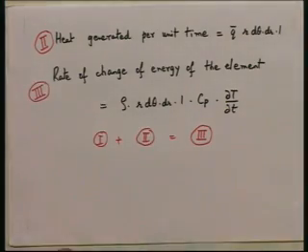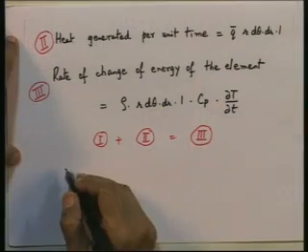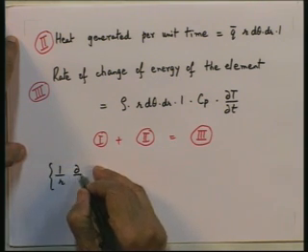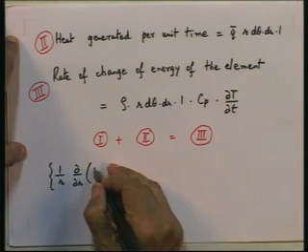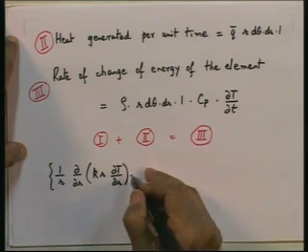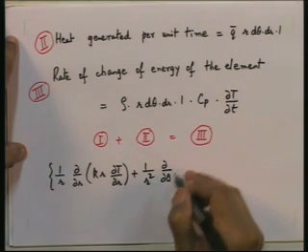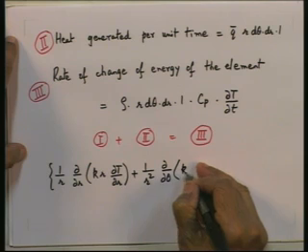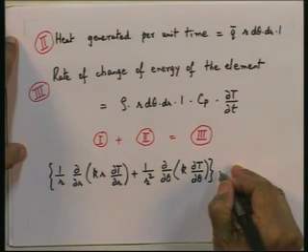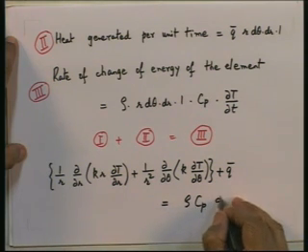So, we get the differential equation after we clean up a little, cancel some terms: 1 by r d dr multiplied by kr dt dr plus 1 by r squared d d theta multiplied by k dt d theta plus q bar will be equal to rho Cp dt dt.